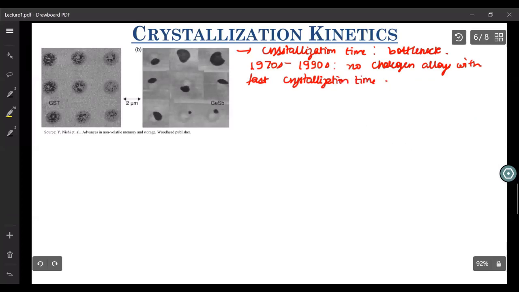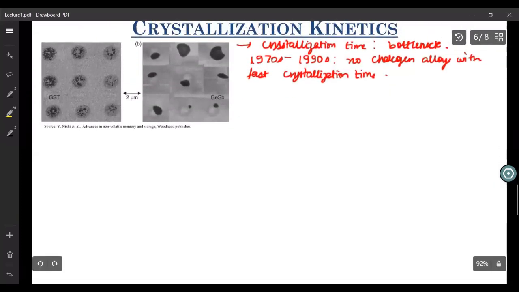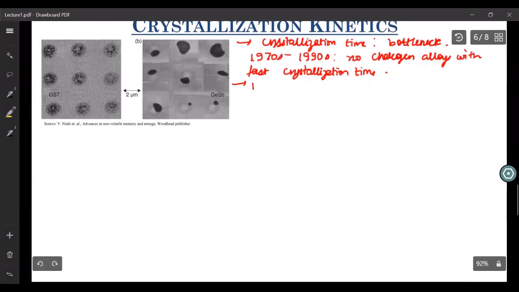So what changed in the early 1990s? In 1987, people came up with this material which is Ge2Sb2Te5. In short, it's called GST, not the GST tax one.